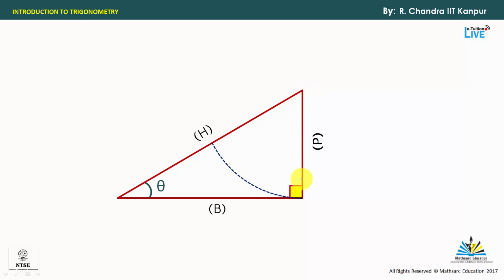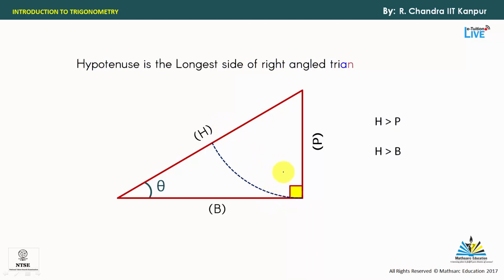If we make an arc assuming this point as center, then you can observe this perpendicular is equal to this much length, and perpendicular is less than the hypotenuse. So we have a statement: hypotenuse is the longest side of a right angle triangle. Hence we have these two relations.